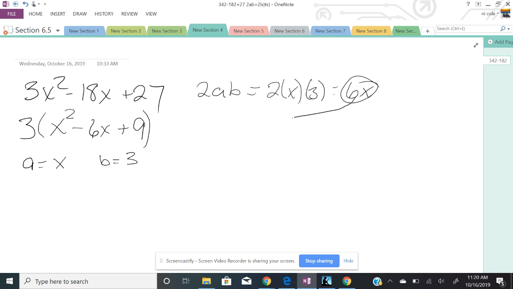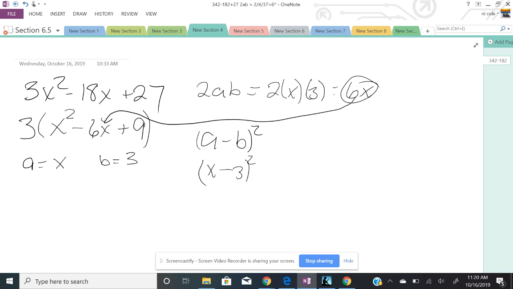This 6x is the same as this. So we're good. I can use the a minus b squared. So I plug in x minus 3 squared, and if I plug that into Math Excel, it's going to tell me I'm wrong, because what did I do? I factored out the greatest common factor, so I need to keep that 3 with it. So that would make it your final solution.